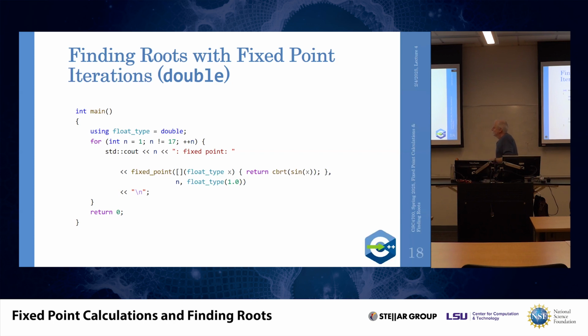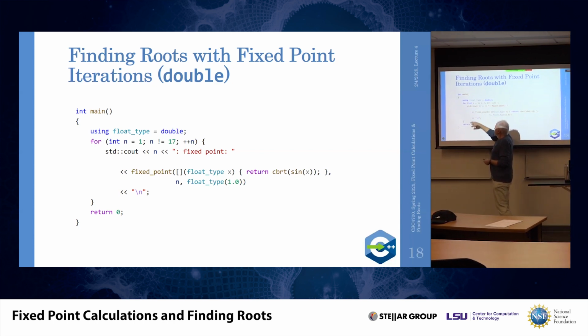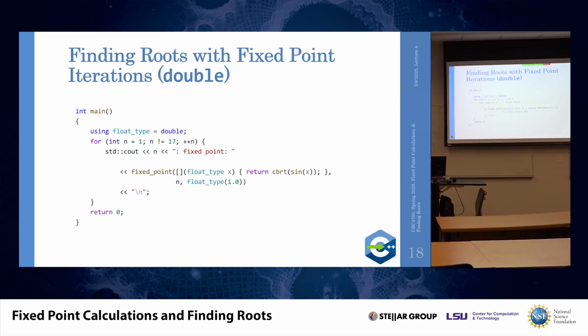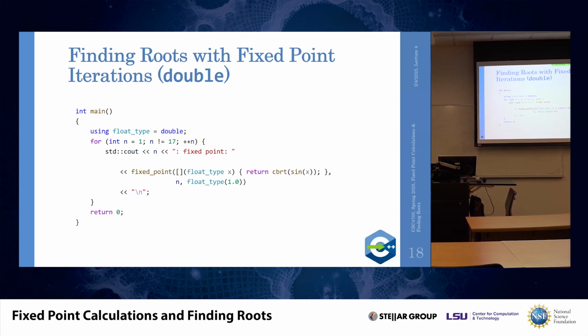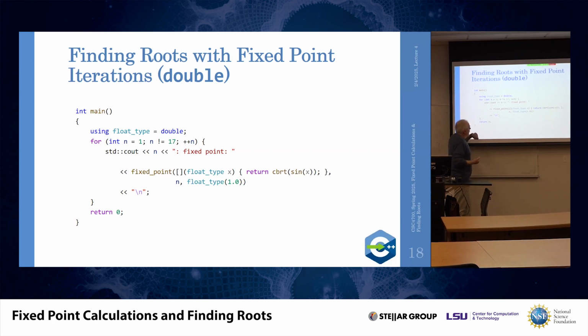The other thing I want to introduce here, and by the way, we haven't talked about using streaming operators for output in C++. I always have used the print function before, but we will see that interchangeably over time in different variations.